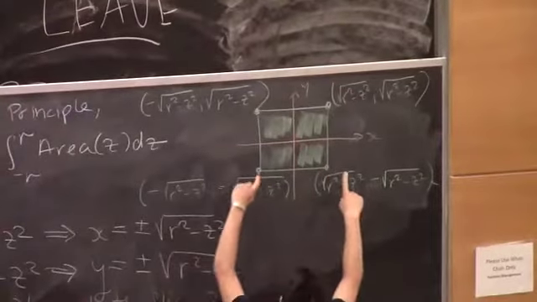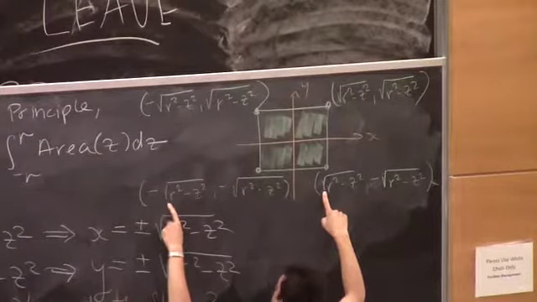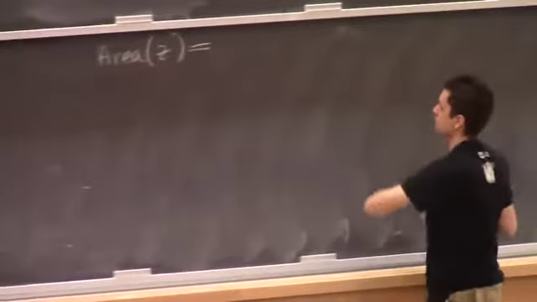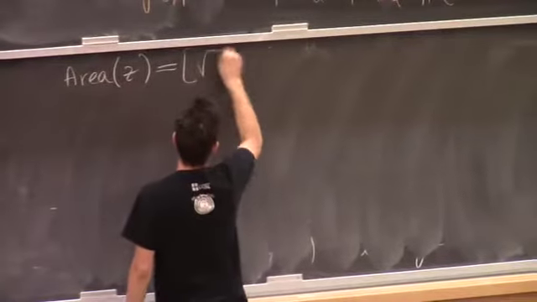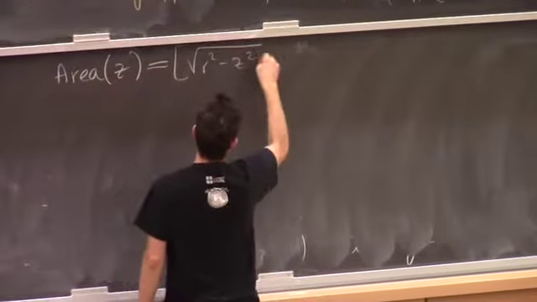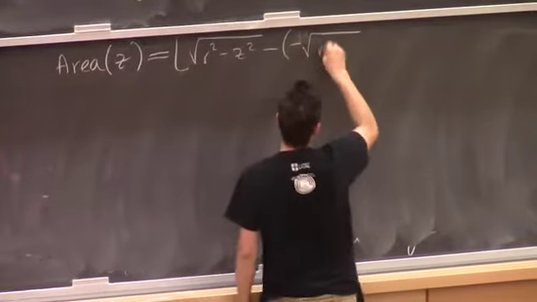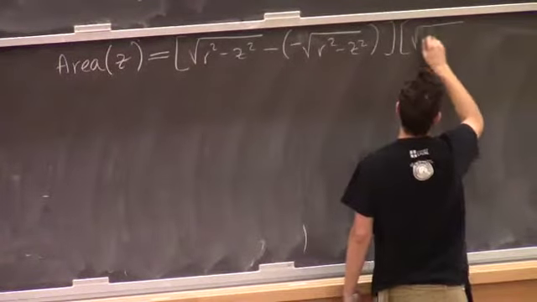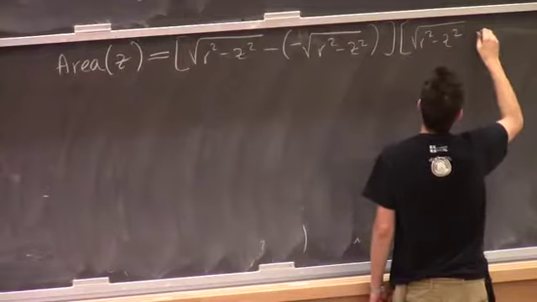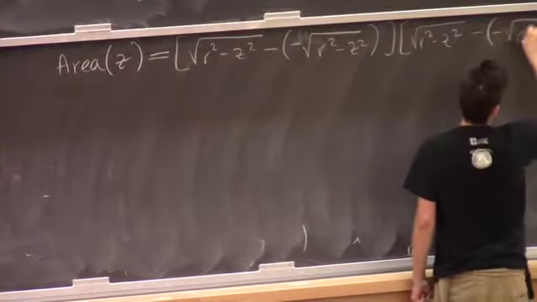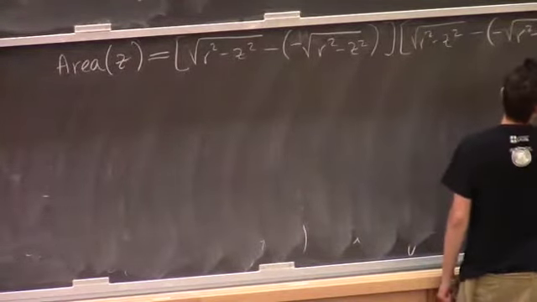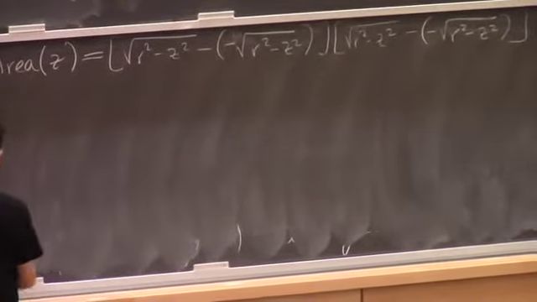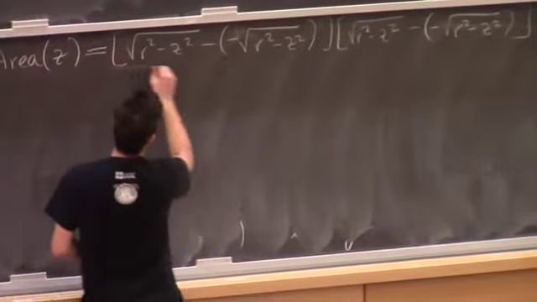Okay, the area of the slice at z, in one direction, its length is this minus this. So this is the length in the x direction.